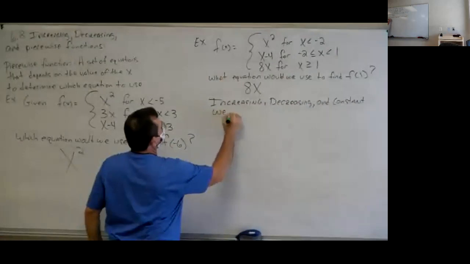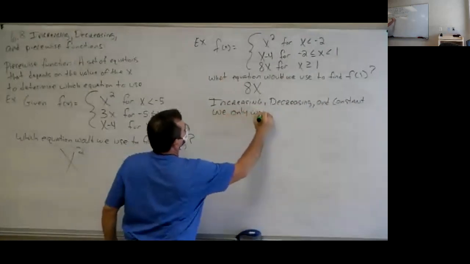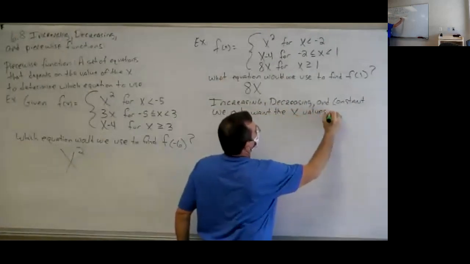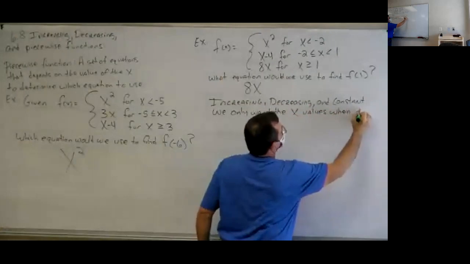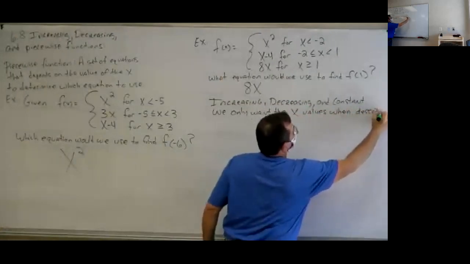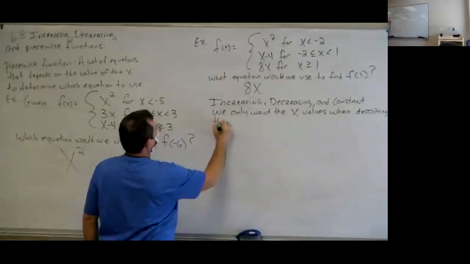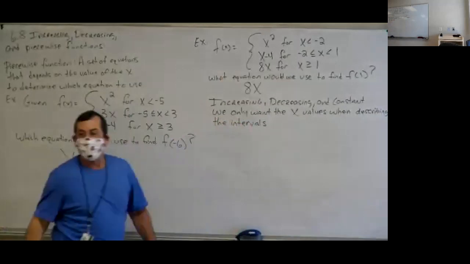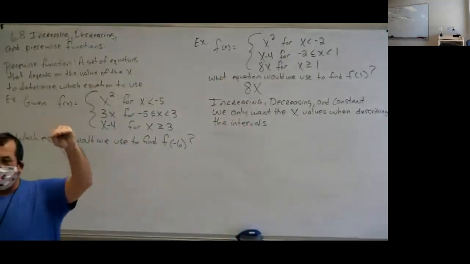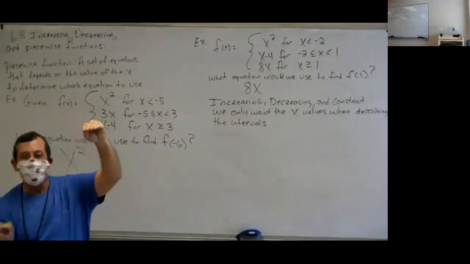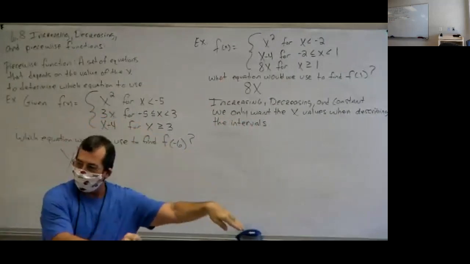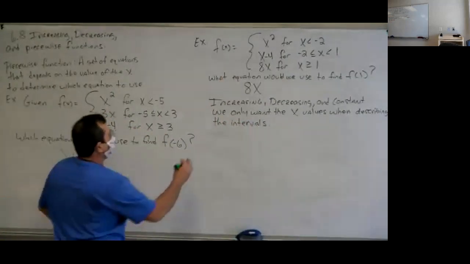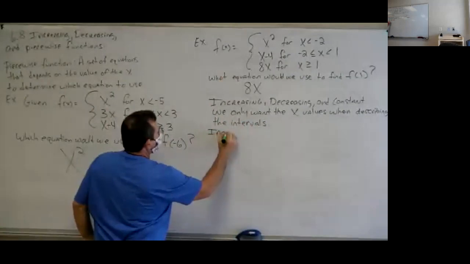So we only want the x values when describing the intervals. Although my y's are going from 0 to 1 to 2, I don't care. What x values are they going up? What x values are they coming down? What x values are they straight across? Because that's what these mean, right? Increasing.